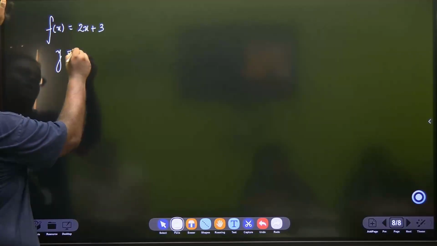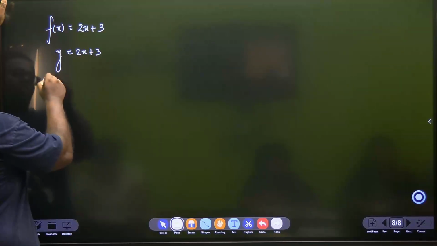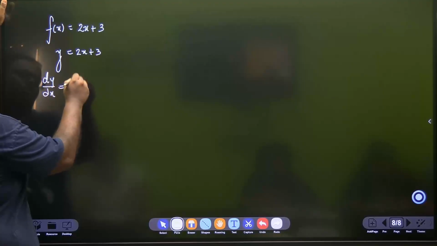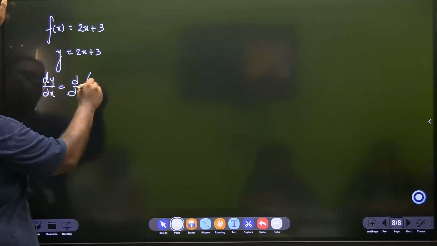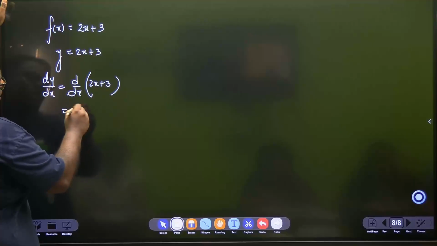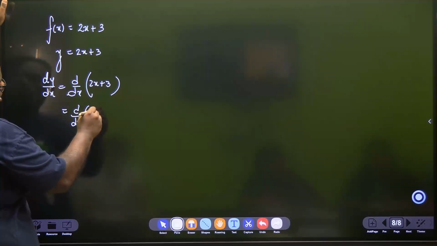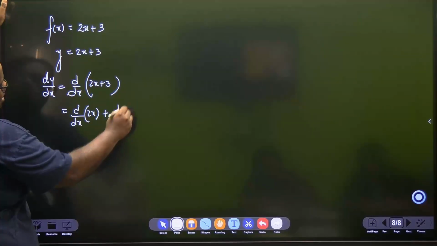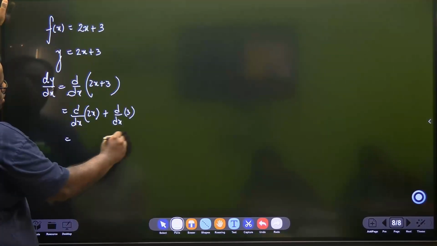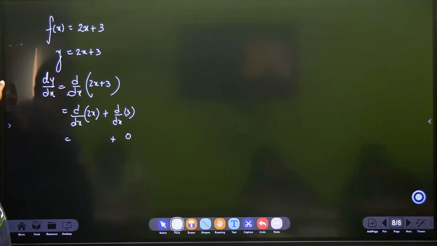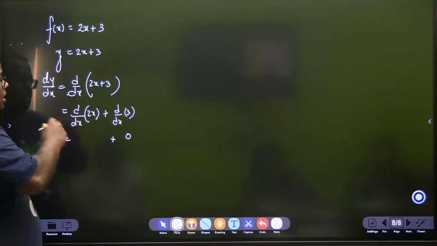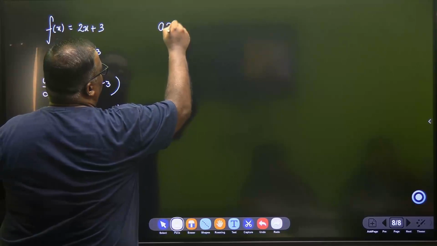Let's take our same example, f of x equal to 2x plus 3. Let's do the derivative now. My problem is y equal to 2x plus 3. Find dy by dx using the formula. So dy by dx is d/dx of 2x plus 3, and we go term by term. The constant's derivative is 0. For 2x, use the formula a x to the power n.